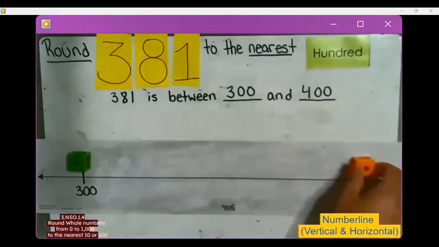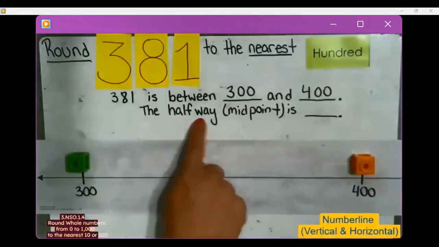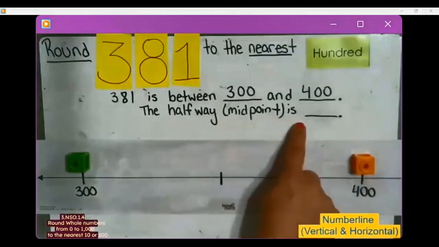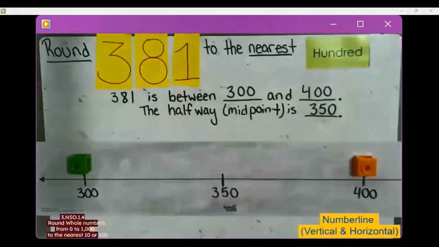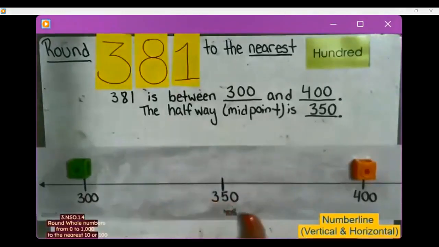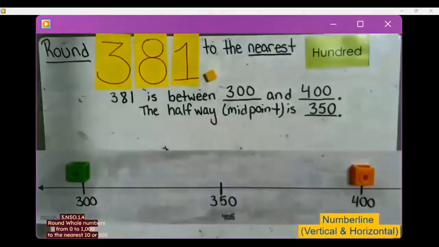Again, this reinforces place value with our students as well as number sense, having the discussion again about the halfway or the midway point. Students should know that 50 is half of 100. So the pattern now will be that 50 is the midpoint between the 200 endpoints.